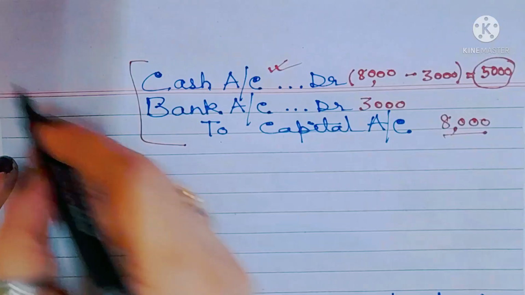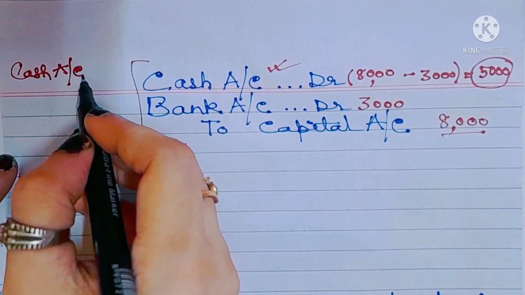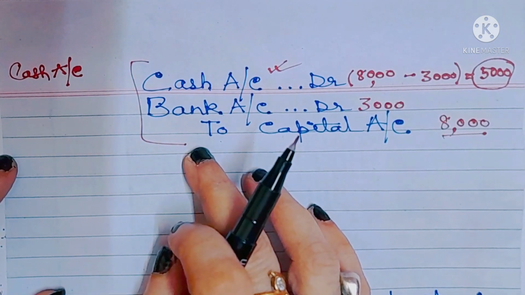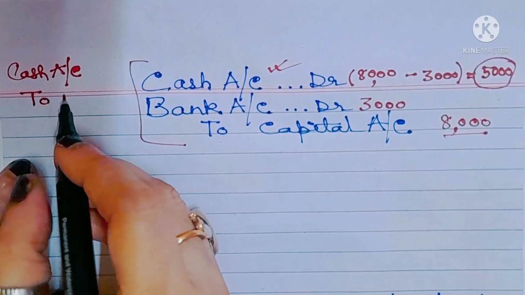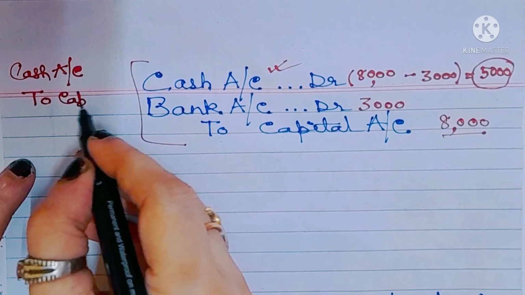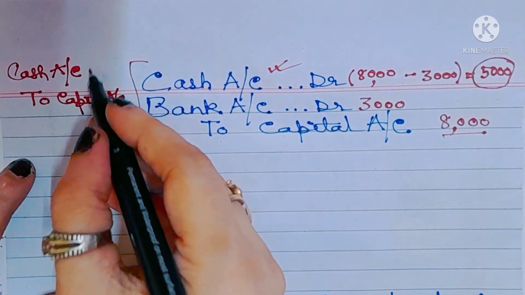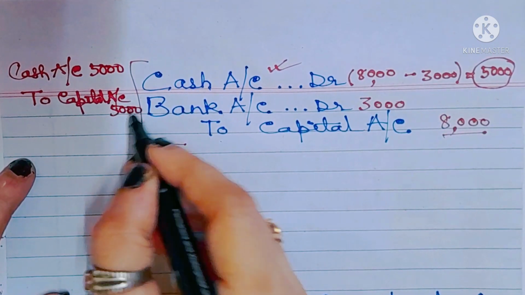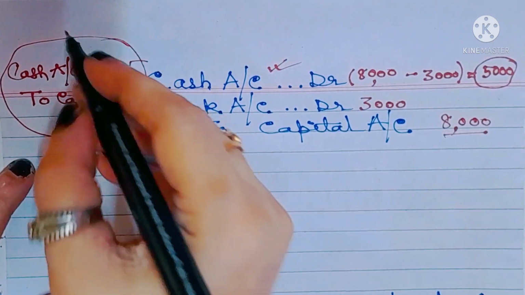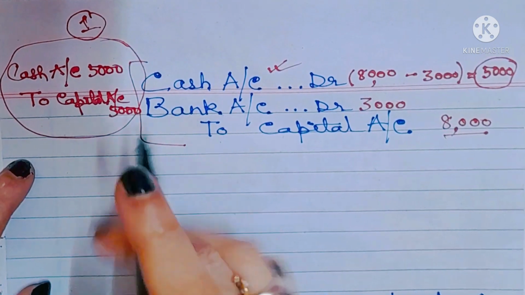So let's write. See, cash account. Let me divide this compound journal entry into 2 simple journal entries. Cash account to capital account, how much? 5000. This is 1. Cash account to capital account 5000.